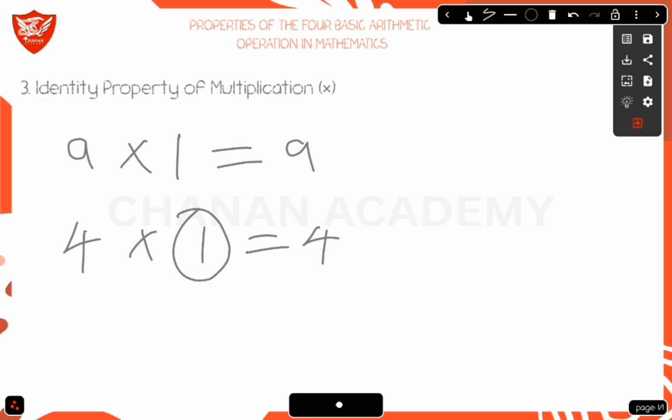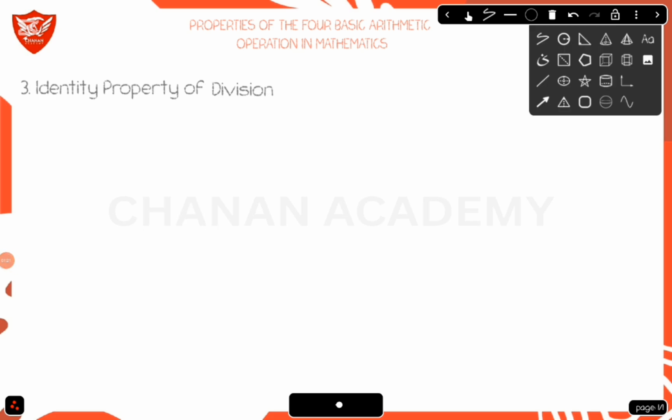Alright, so let's check the next one. The next one now is the identity property of division. So let's see if we have A divide by 1, the answer remains A. Like say A takes the value of 3, divide by 1, the answer is 3.